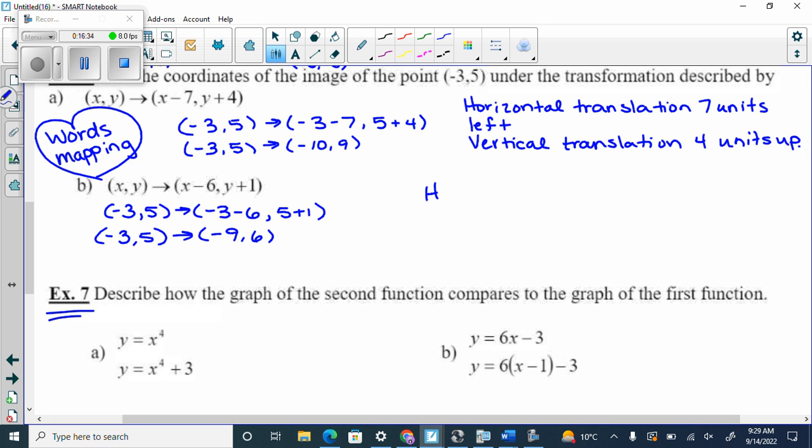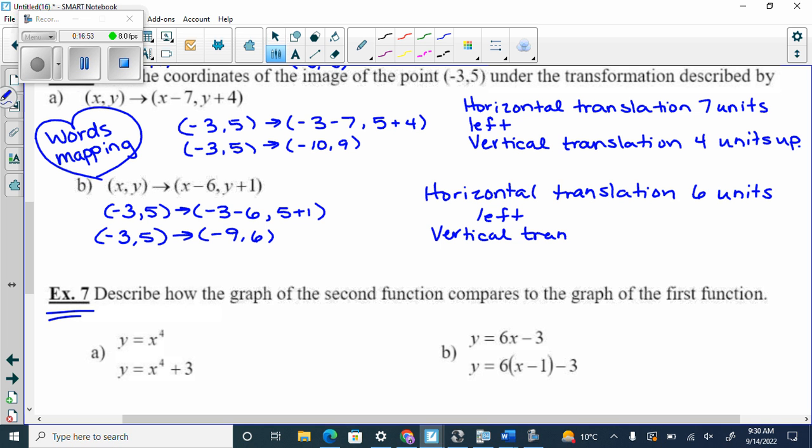And we have a horizontal translation, six units left, because I'm subtracting. And a vertical translation, 1 unit up.